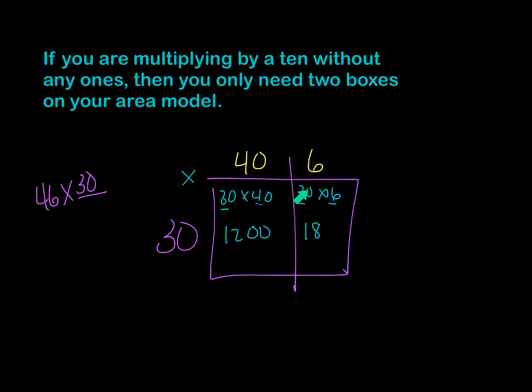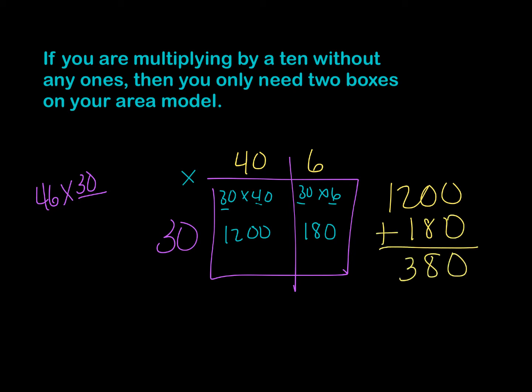Those are tens, that 30, so it's 18 tens. And we just add up those partial products to get our total. So it's a little faster. You only have 2 partial products when you multiply by an even 10.